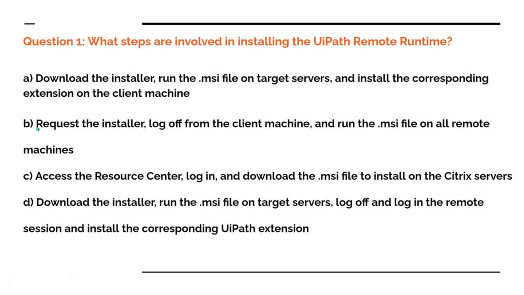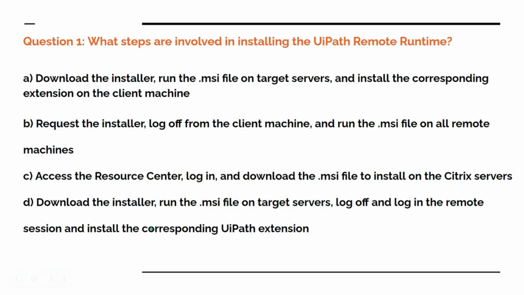B: request the installer, log off from the client machine, and run the MSI file on all remote machines. C: access the resource center, log in, download the MSI file and install on the Citrix server. Option D: download the installer, run the MSI file on target servers, that means the RDP machine.